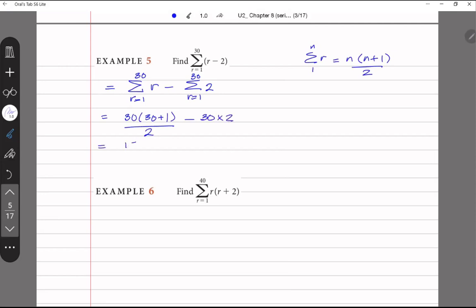This is 15 times 31 minus 60, and this is equal to 405.